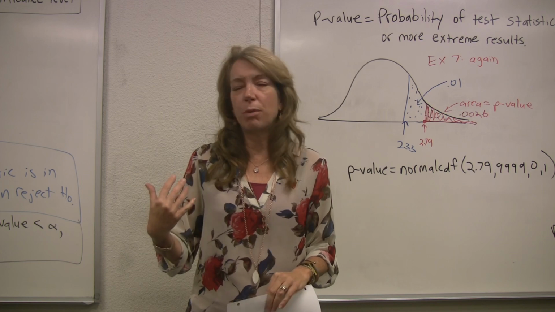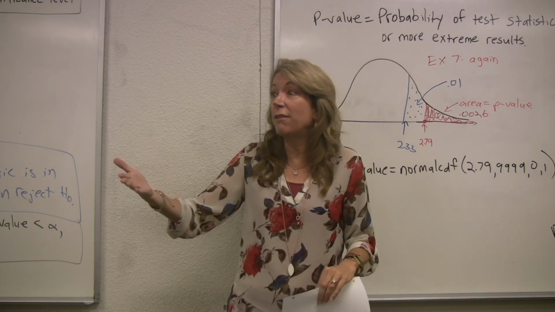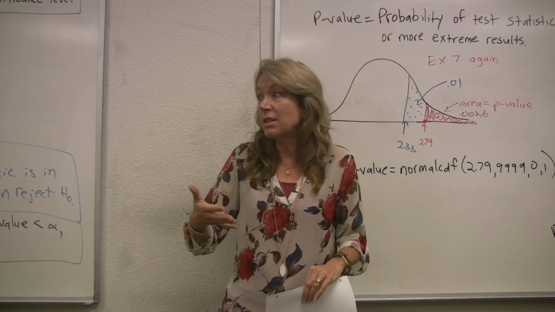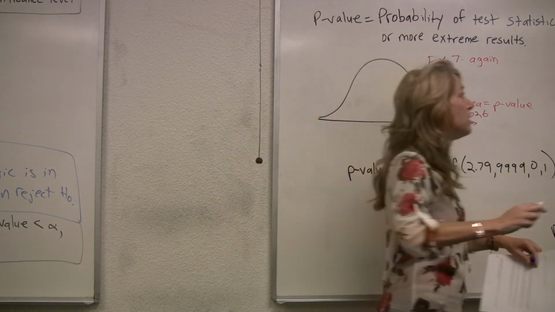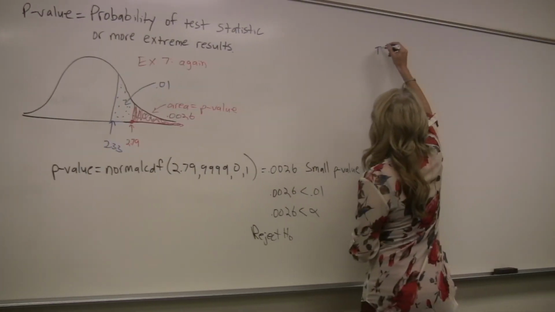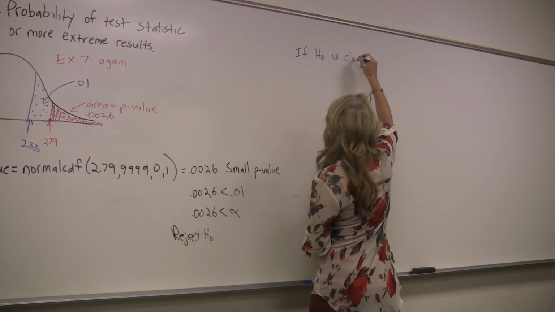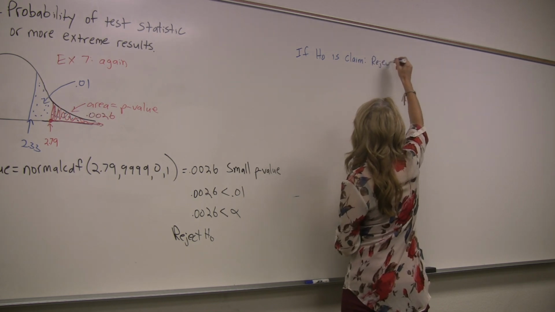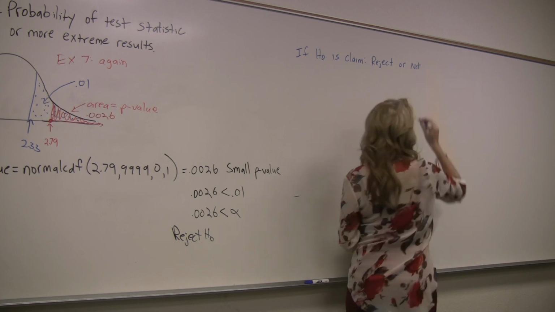You can never support that the person's innocent. All you can say is, we don't have enough evidence to convict him. We don't ever prove him innocent. It just doesn't work that way. So the same thing is true here. If H0 is your claim, all you can do is reject it or not. That's all you can do.